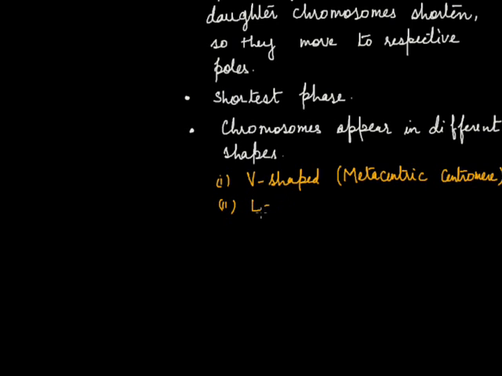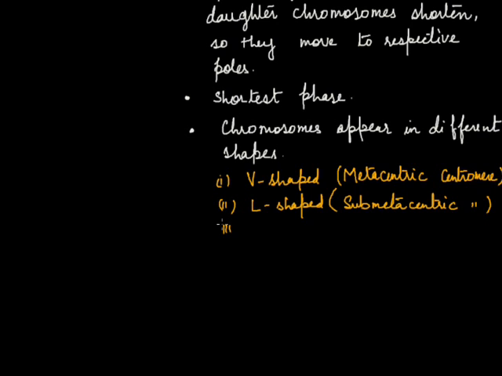Here, the centromere is submetacentric in position. The centromere is located not at the exact center but a little away from center. Therefore, it leads to formation of two unequal arms, one slightly longer, another slightly shorter, and they form an L shape.